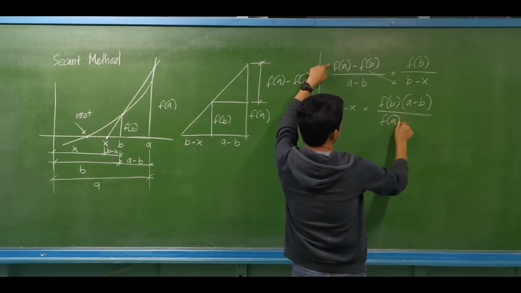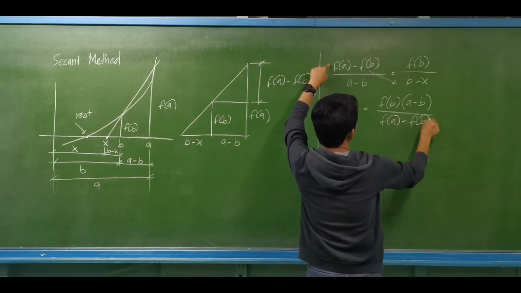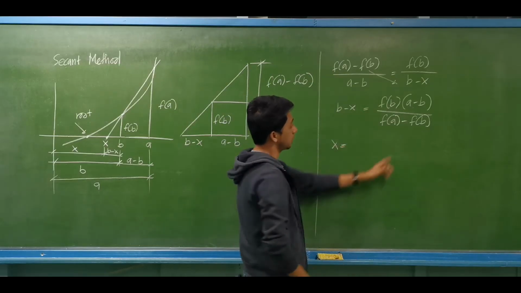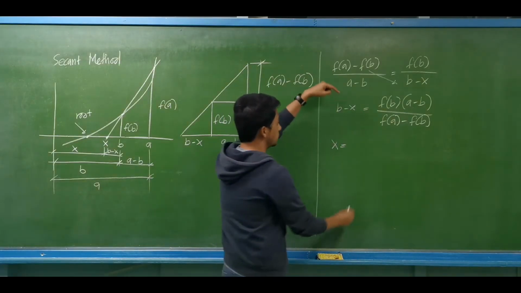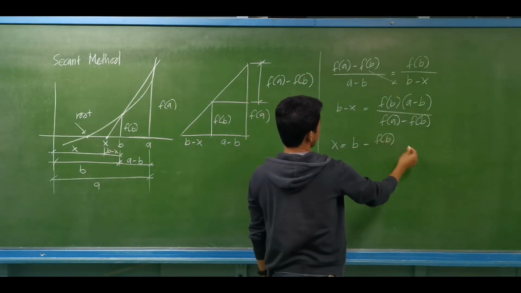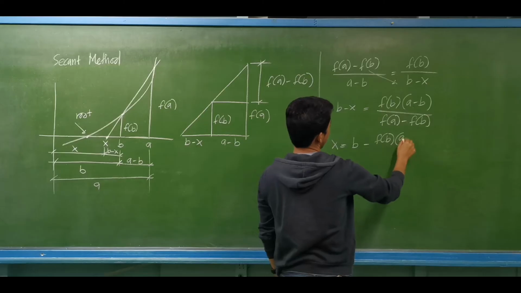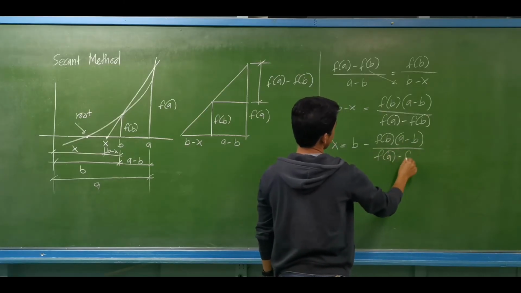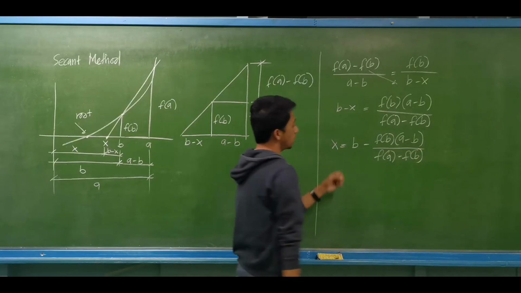Then transpose the value of x to be positive and transpose this value. That is the same as x equal to b minus f of b multiplied by a minus b divided by f of a minus f of b. So this will be the equation.